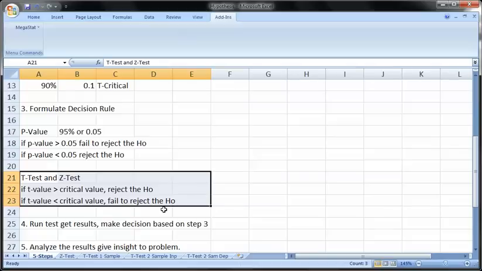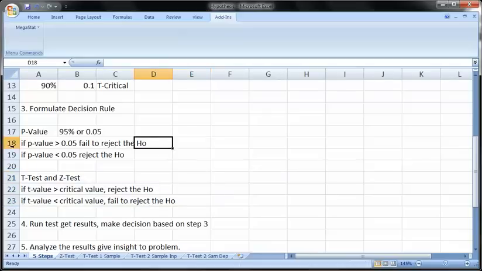Meaning, with t-tests or t-values and z-values, you want a high score. So just to recap, p-values, low score. T-tests and z-tests, if you're looking at the critical values from your t tables and z tables, you want a very high number. Low number, high number.